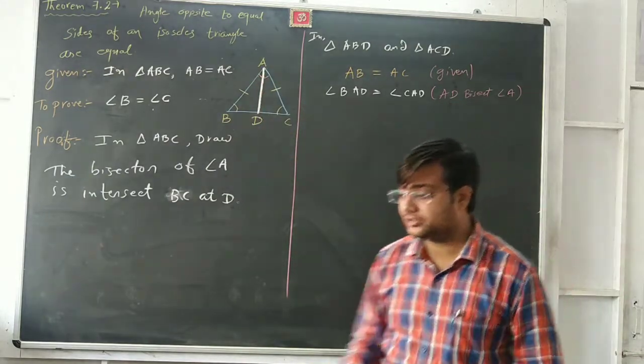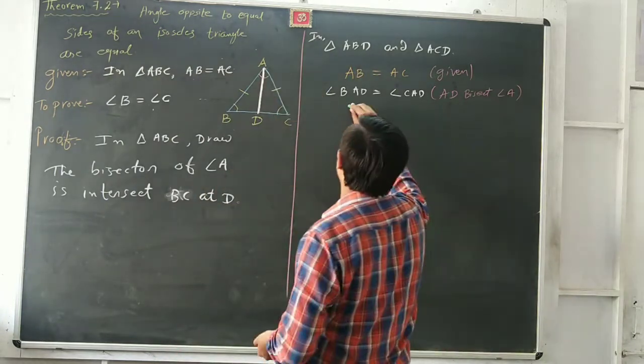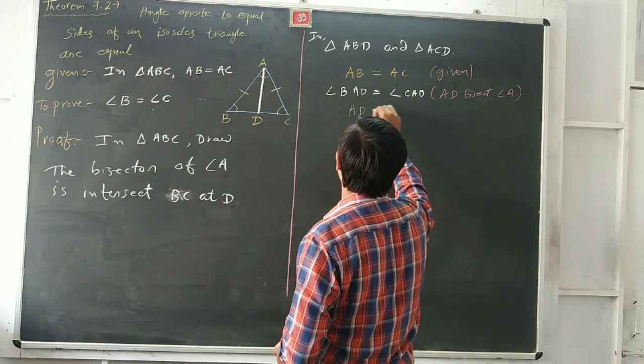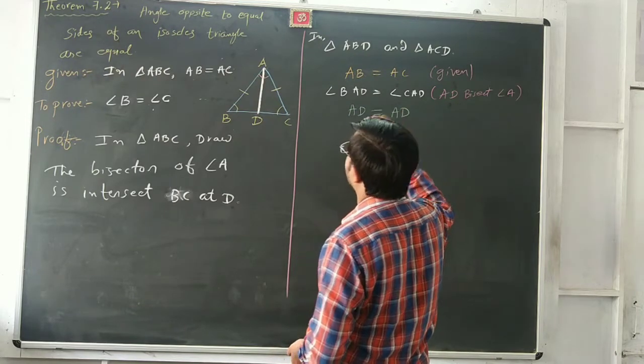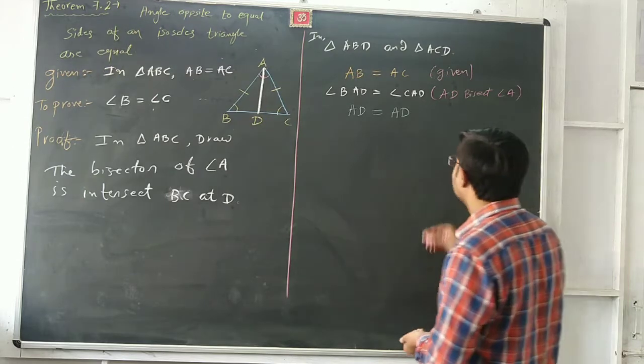And now the last one: AD is equal to AD. Why? Common side.